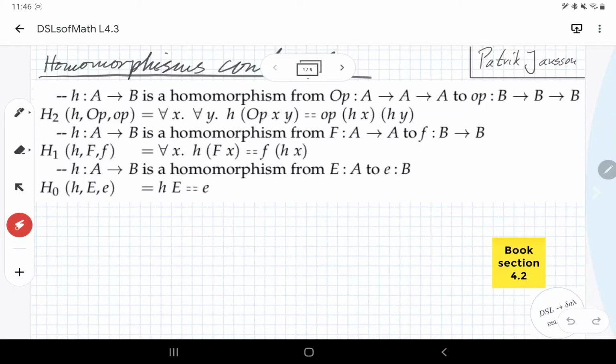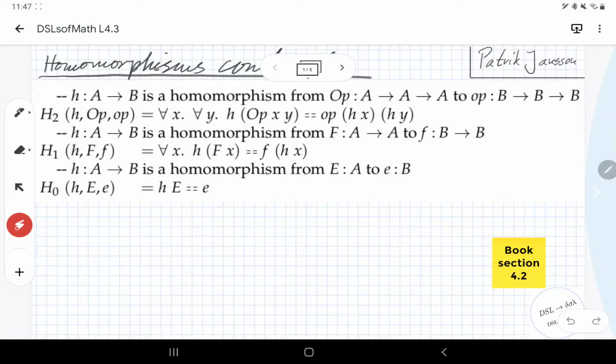So as before, we're translating from the A world, where the operator takes a's and returns a's, to the B world, where the operator is completely just talking about B values. As we've seen, we can also make a version of this for a unary operator, capital F and small f, and that then has just one for-all quantification, but it still has the pattern of applying h after the big operator or before the small operator.